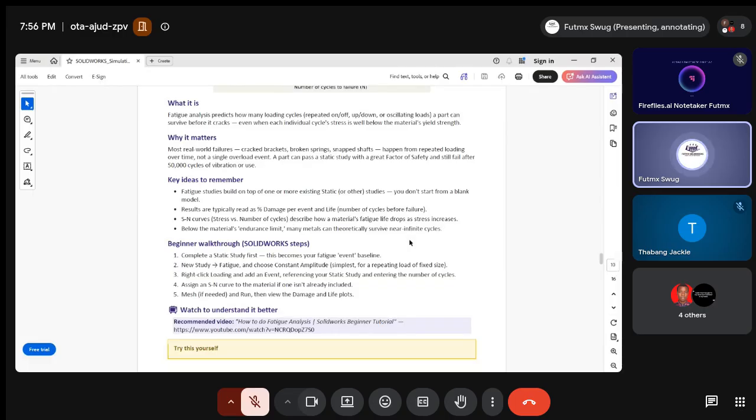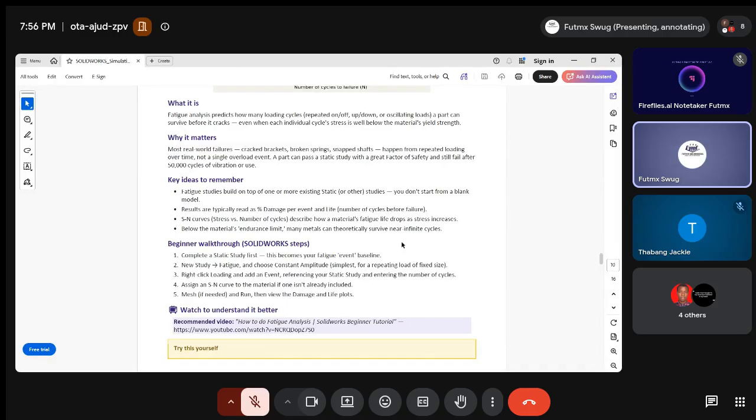Now, below the material endurance limit, many metals can theoretically survive near infinite cycles. So, like I said, below your material yield strength, you can consistently apply load, and you see that your material can easily survive it.